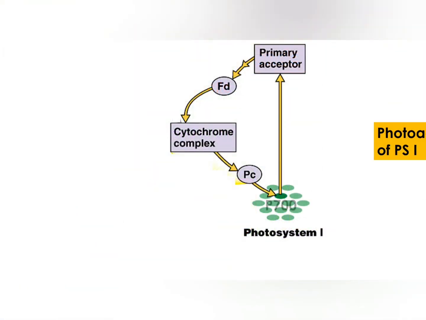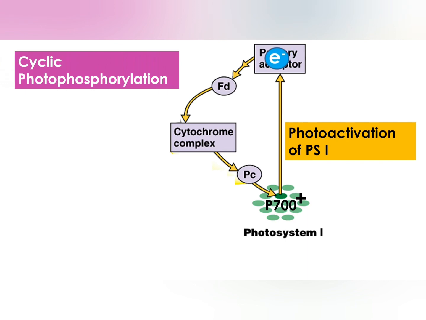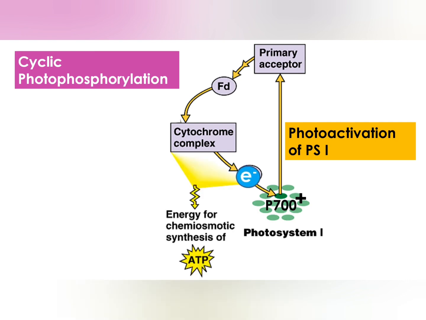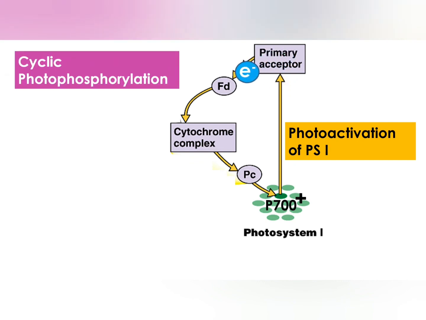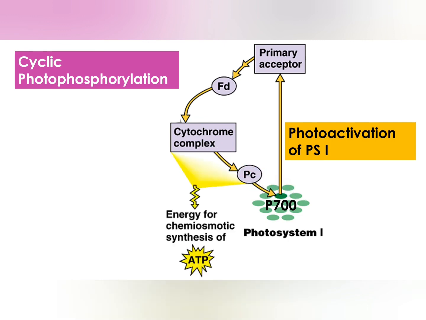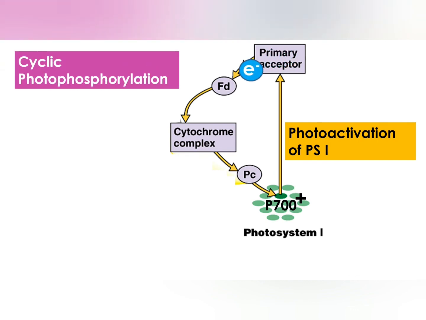Because of the cyclic flow of electron from P700 through cytochrome complex and then back to P700, it is known as the cyclic photophosphorylation. The only product for cyclic photophosphorylation is ATP. This is very important because the light-independent reaction or the Calvin cycle requires more ATP than NADPH.